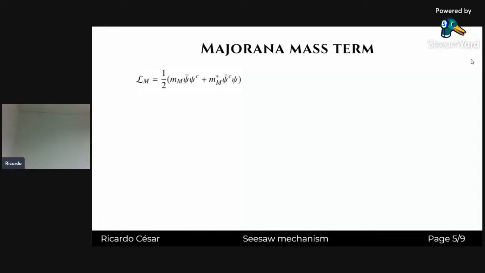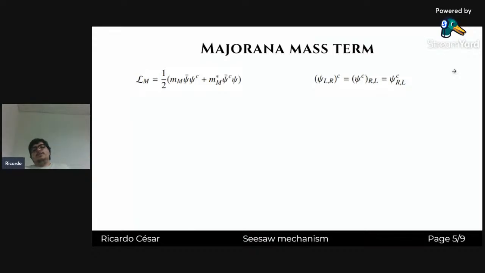For example, this term like this, where this C here represents the charge conjugation of the field. So you can create those other kinds of fields which contribute to the Majorana mass term.